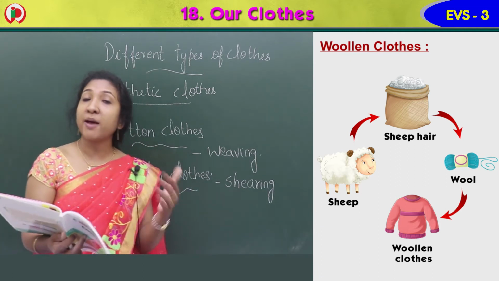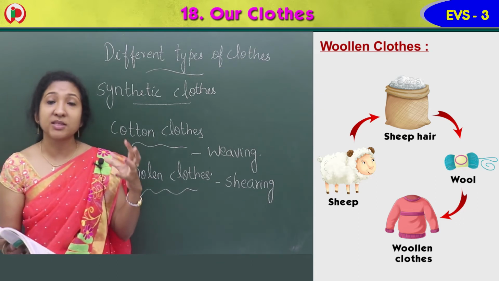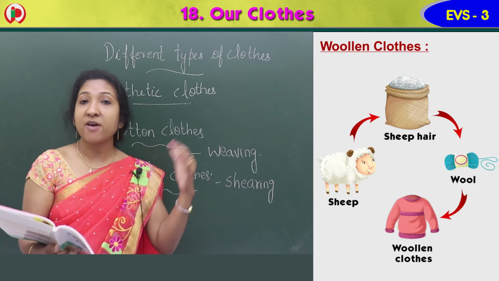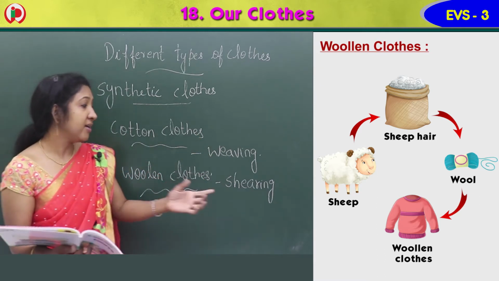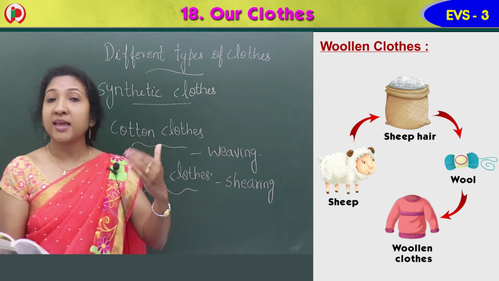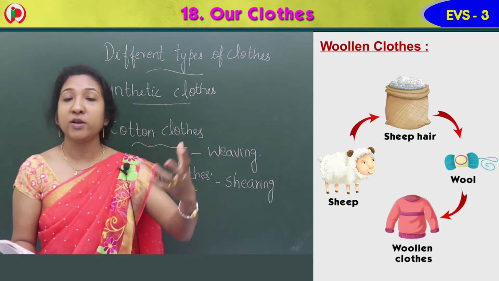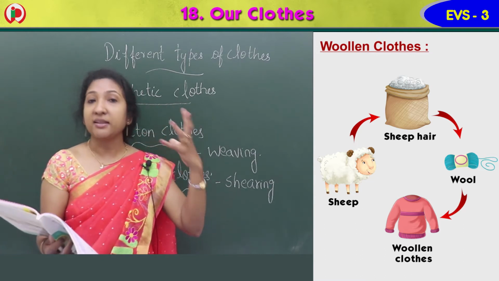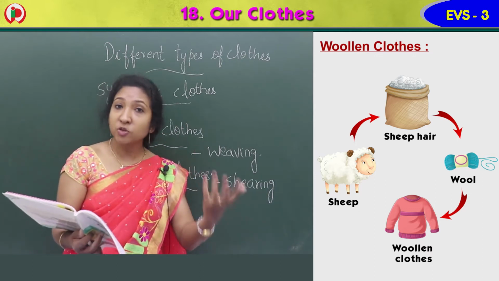Actually we get wool from sheep's hair. It is so soft and thick. First we have to remove the hair from sheep. It is called shearing. After removing the hair, they clean it and spin it into wool. After they get wool, they knit this wool into woolen clothes.